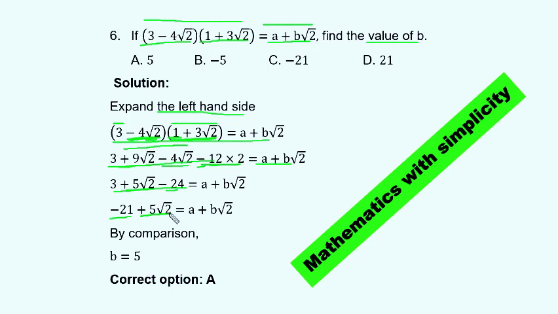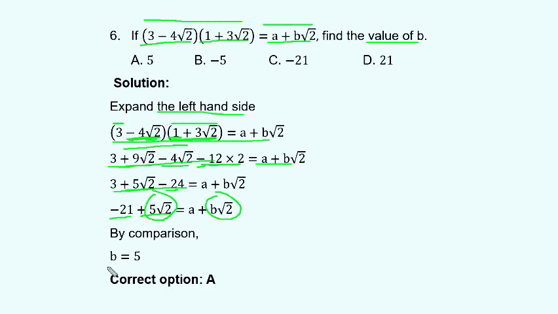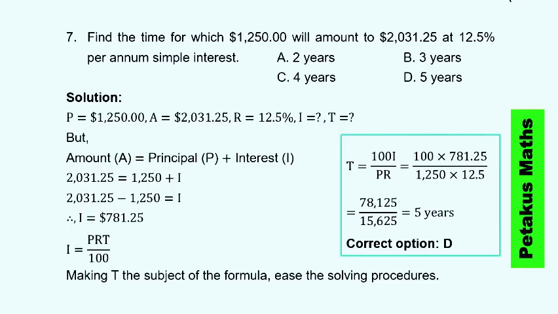By comparison, in order to get b, you compare this term with this term, and it follows that b is equal to 5. The correct option is A.